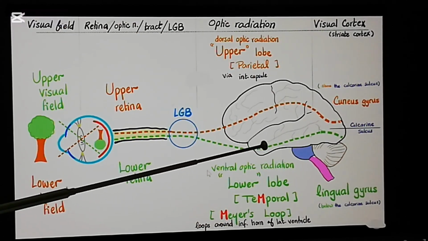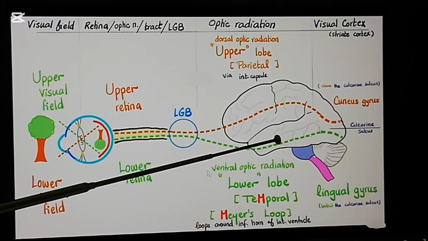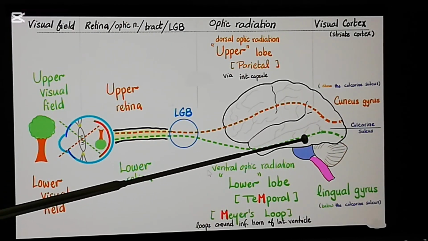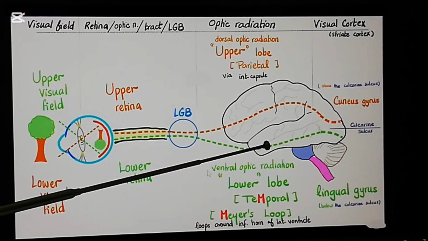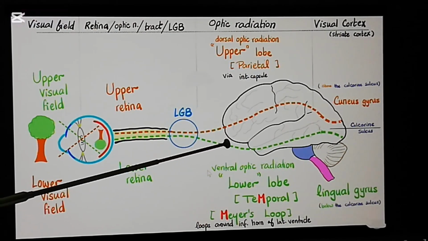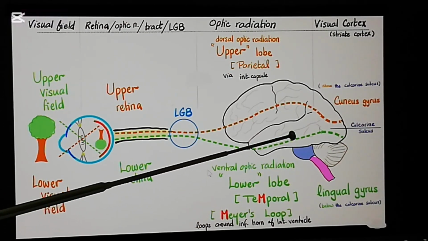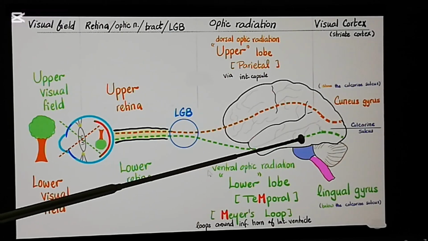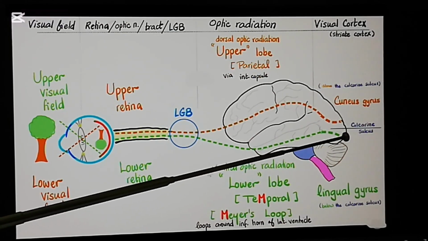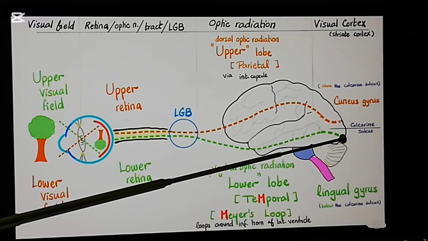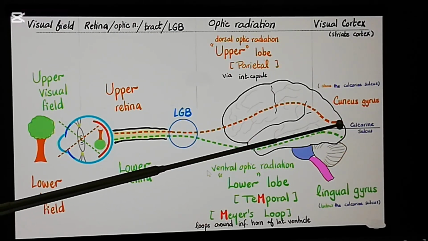Okay, so if we imagine that there lies a lateral ventricle, then the inferior horn is located along with this temporal lobe. So this Meyer loop will wind round the inferior horn of the lateral ventricle to reach the occipital lobe, and in the visual cortex it will reach the lingual gyrus, which is below the calcarine sulcus, right?